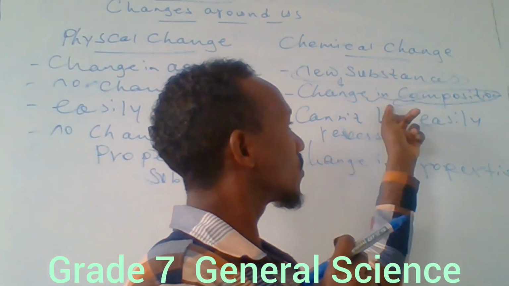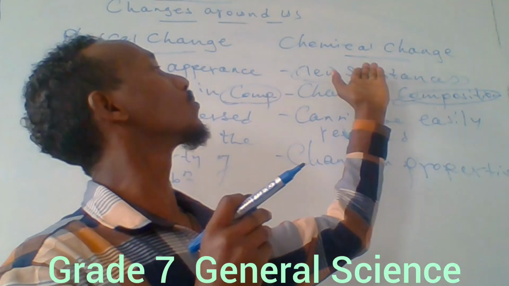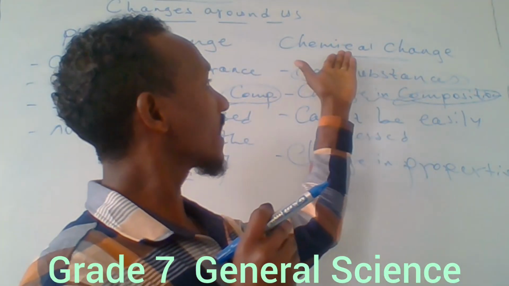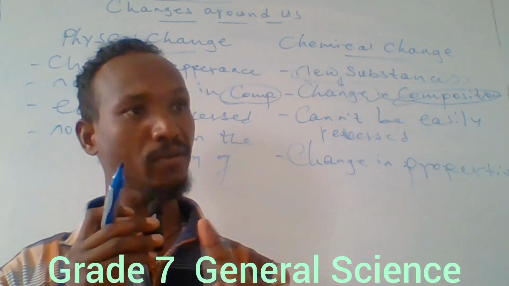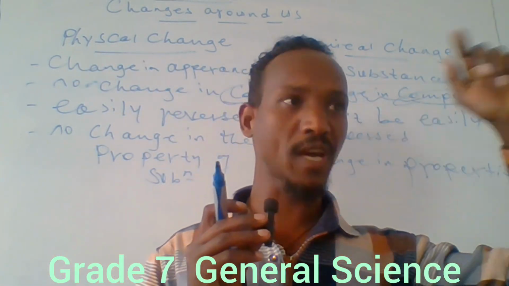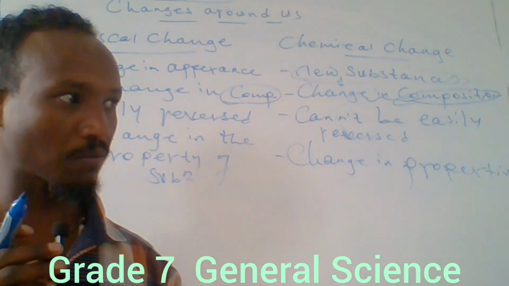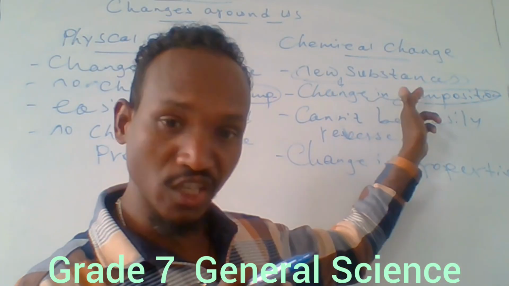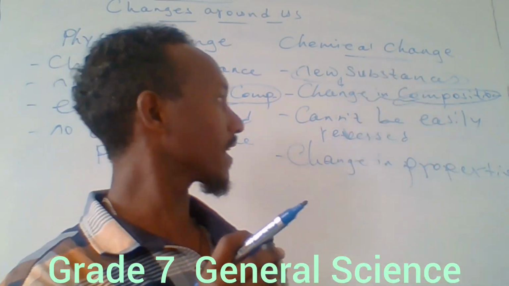Without changing the composition, no new substance can be formed. So in a chemical change, one substance changes into another, which means the composition and also the mass of the substance change.